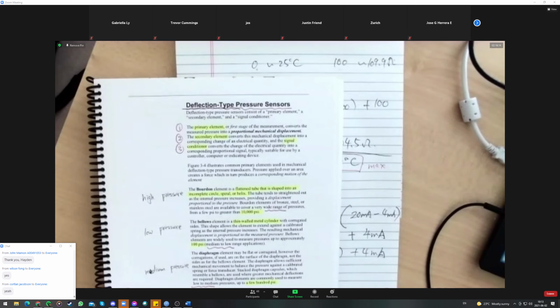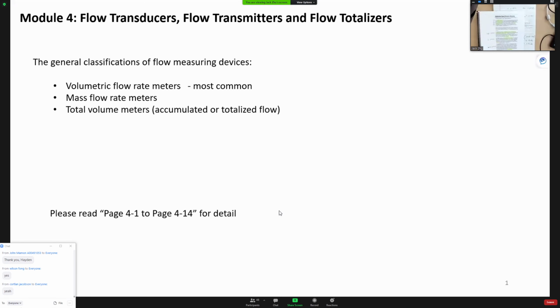So module 4 is a small module. It's for flow measuring. So we have a flow transducer, flow transmitter.